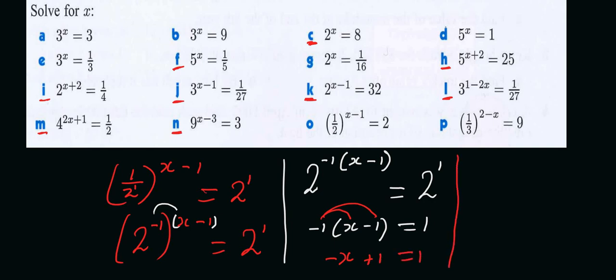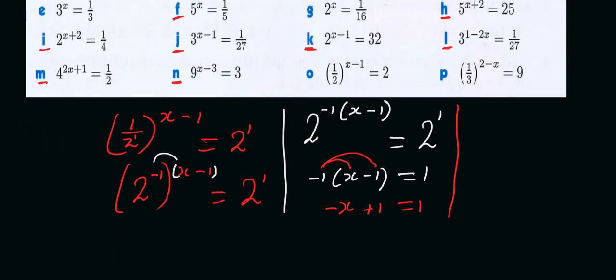So now we are going to isolate -x by subtracting 1 from both sides. So -1, -1 cancels out, and -x will be equal to 1 minus 1, and that's 0.